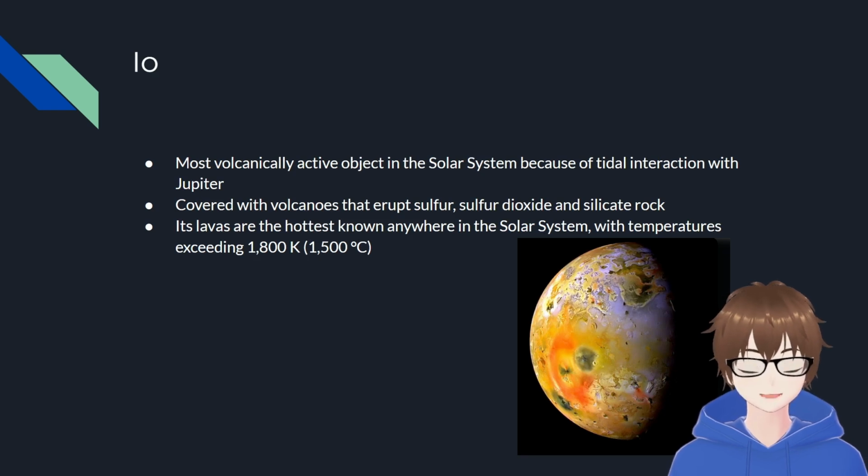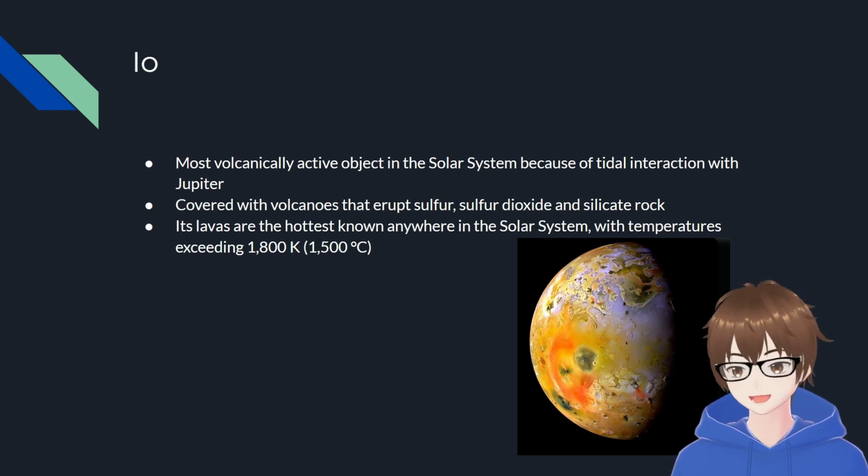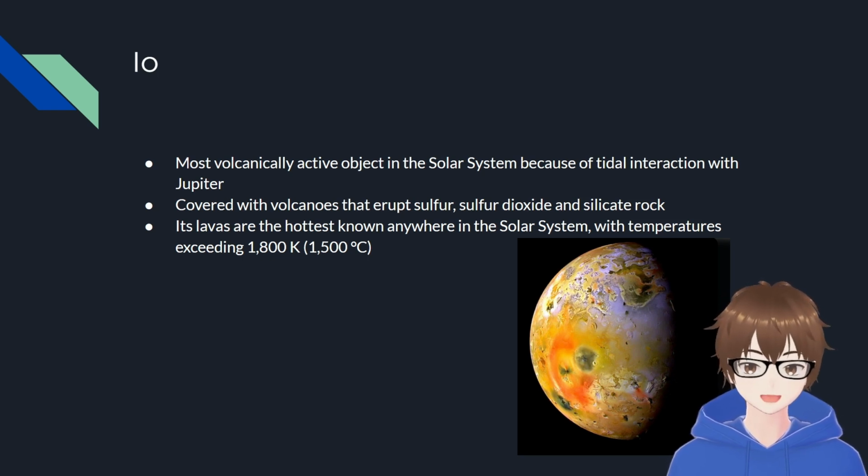But Earth is not the only place that has volcanoes. No, sir. Io is one of the most volcanically active objects in our solar system because of the tidal interaction with Jupiter. Basically, tidal interaction is because Jupiter is so big.